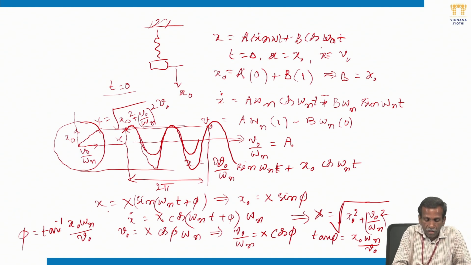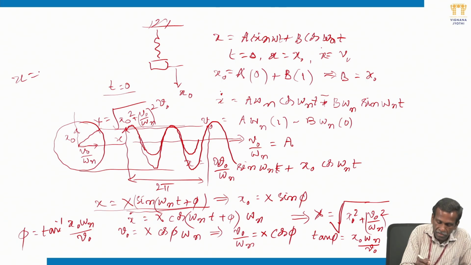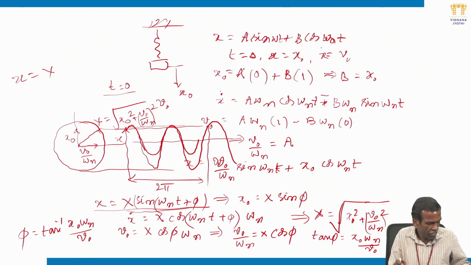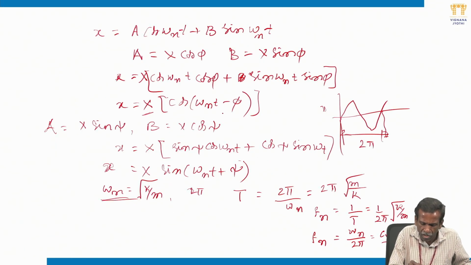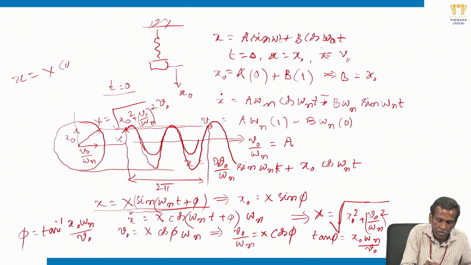You can also begin with another equation, instead of x equal to X sin(ωn t + φ). As you have seen previously, you can take x equal to X cos(ωn t minus φ). Minus φ or minus ψ, whatever.